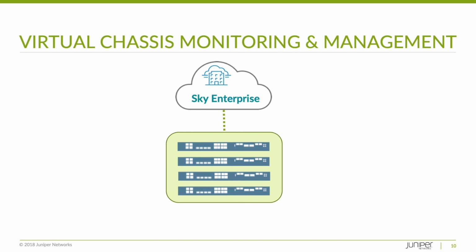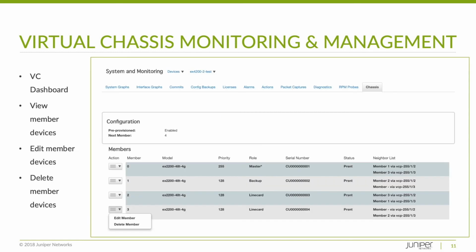The next feature we're currently working on is virtual chassis monitoring and management. While Sky Enterprise has supported virtual chassis in a basic format for some time, now we're adding additional configuration and management features to enhance this capability. The screenshot you see here is from our staging environment where the feature is currently being tested.